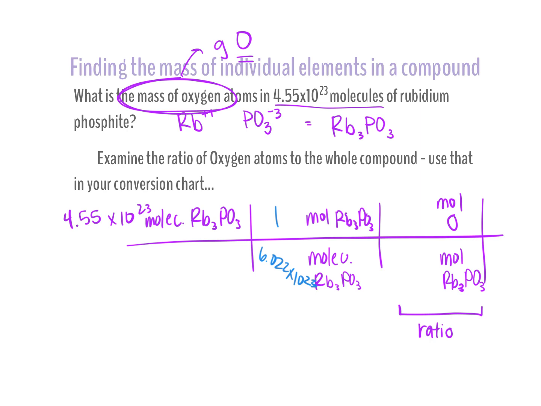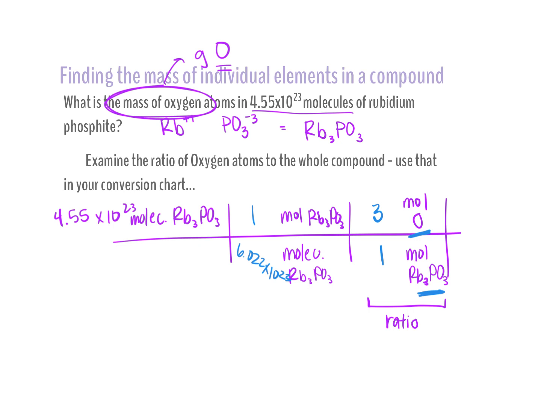And we say, if I have 1 mole of my compound, then I have 3 moles of oxygen. Okay, so this ratio step has to be measured in moles. That's the only time that I can have 2 different compounds in the T-chart. Okay, as if it's moles and moles. Okay, that's when I switch my comparison from looking at the whole compound to now I'm just looking at oxygen.